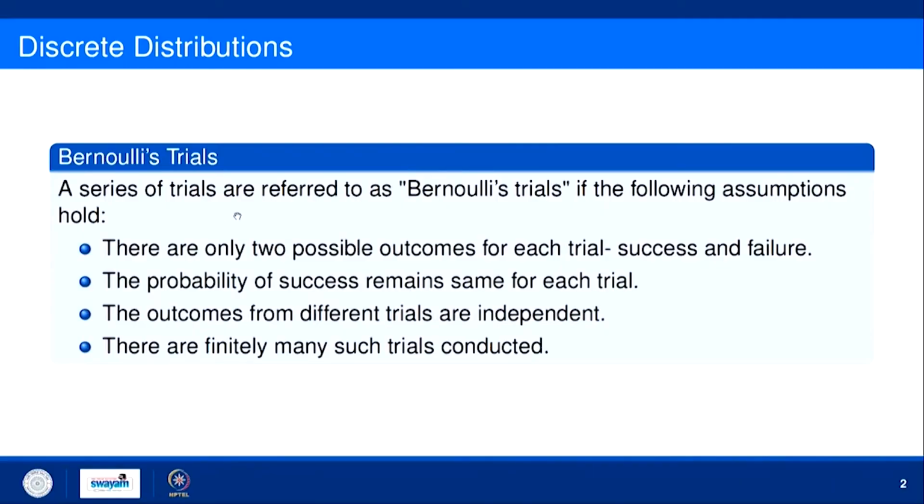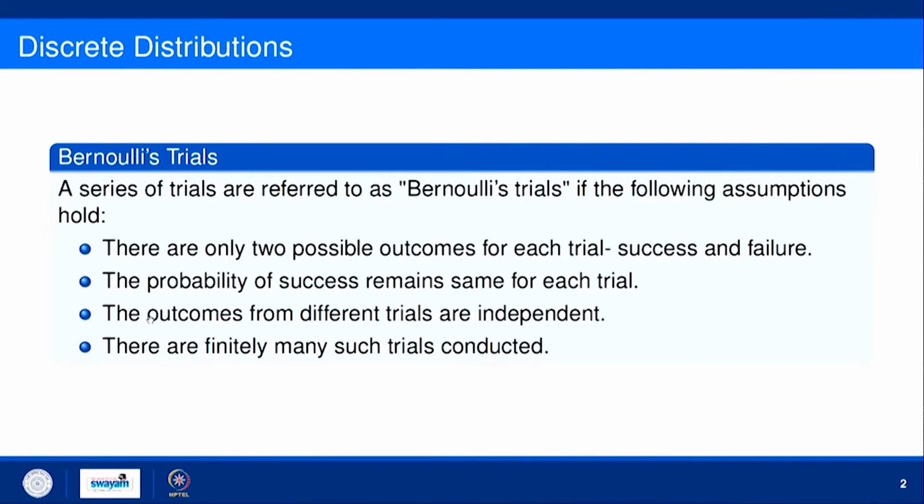Before going to the binomial distribution, what do we mean by Bernoulli's trials? A series of trials are referred to as Bernoulli's trials if the following assumptions hold. Number 1, there are only two possible outcomes for each trial, either success or failure, either pass or fail. The second assumption is that the probability of success remains the same for each trial, it will not change.